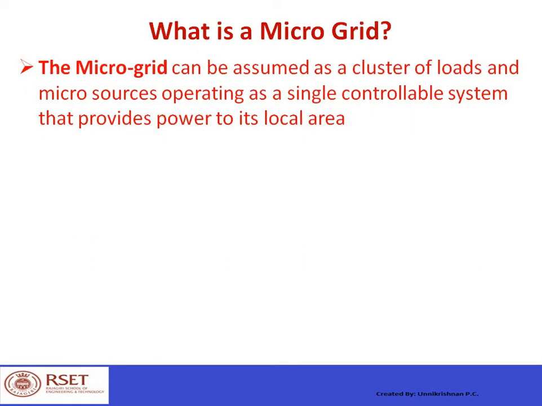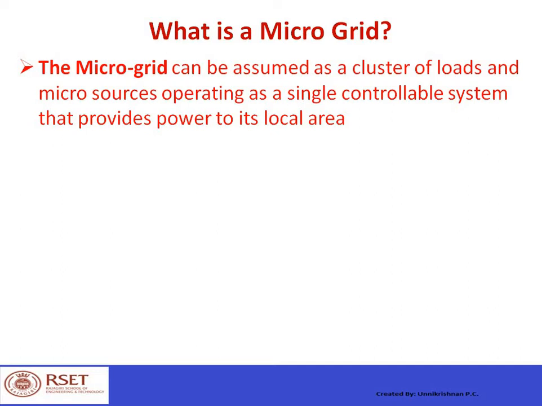So what is a microgrid? A microgrid is a cluster of loads and micro sources operating as a single controllable system that provides power to its local area. So what does it mean? A microgrid is a cluster of consumers basically.